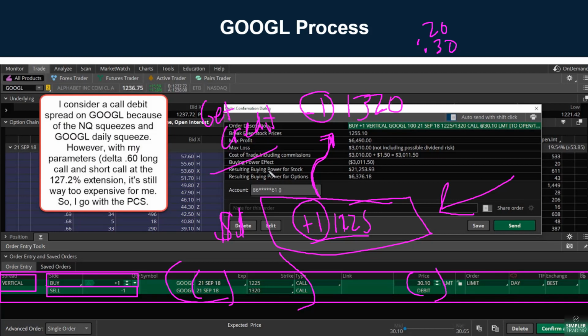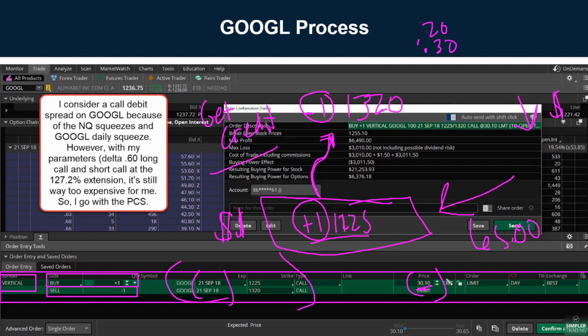So what it does is it brings down the overall cost, because if you just buy the 12.25, in this example, pre-split Google prices, let's say that the long call was like $65. Okay.